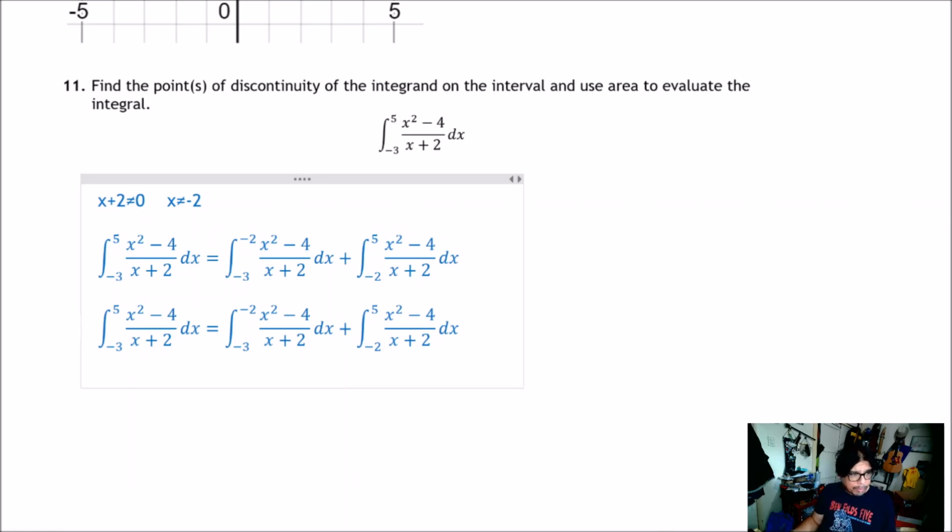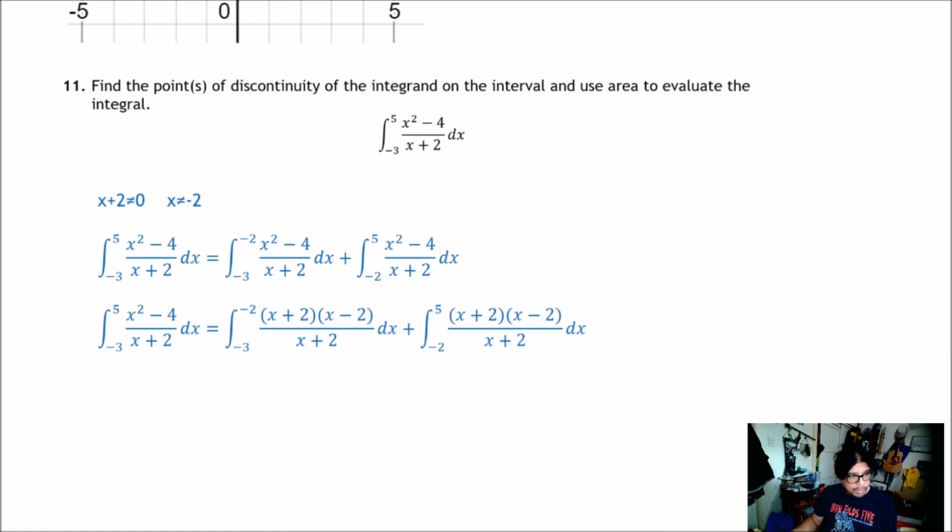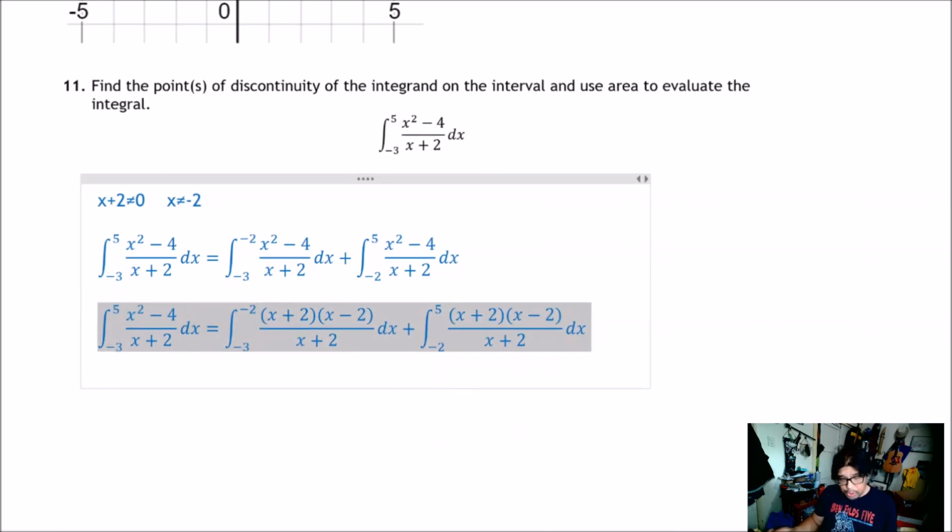We've got x squared minus 4, which of course we can factor into x plus 2 multiplied by x minus 2, which of course we can do to both of our integrands. And now that we've done that, we can cancel out that x plus 2 because this will give us a function which no longer has a discontinuity.